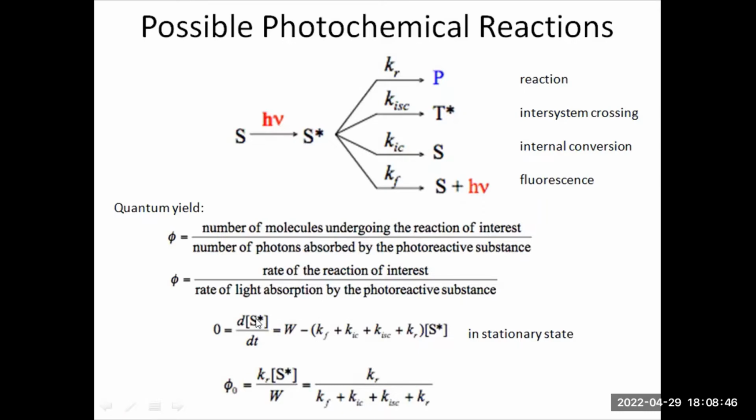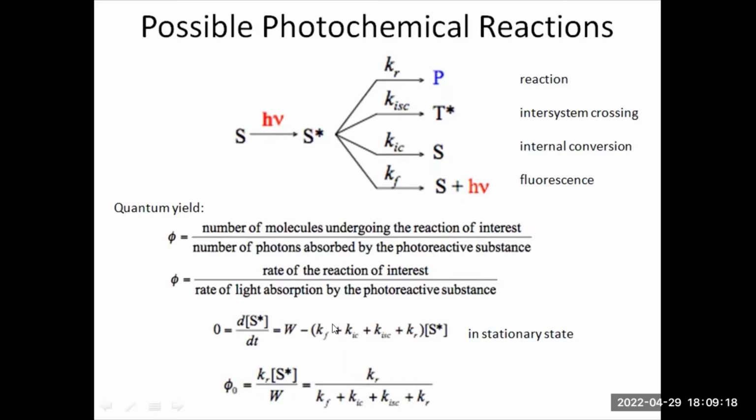So this is the concentration of the singlet excited state. Okay, so in the stationary state, it will go to 0, and the stationary state then is just defined as the rate of the light absorption by the photoreactive substance minus these different rate constants for the different possible reactions which could occur: chemical reactions, photochemical reactions, or intersystem crossing, internal conversion, fluorescence.